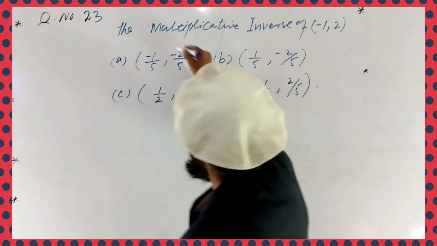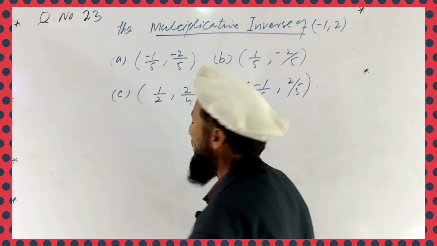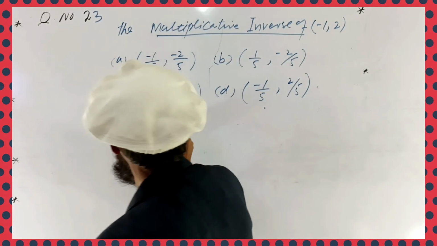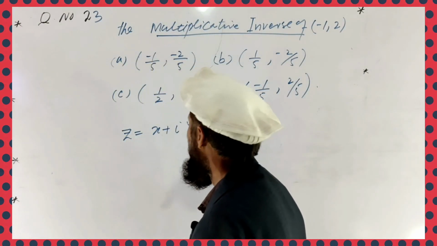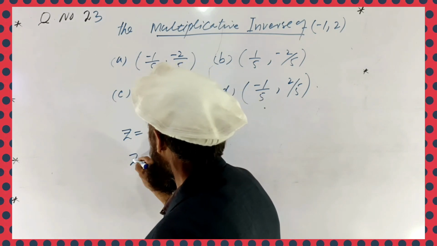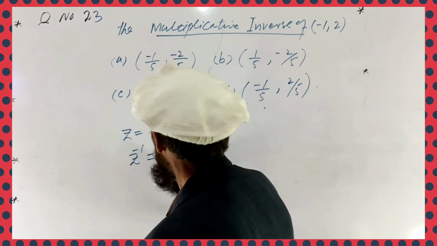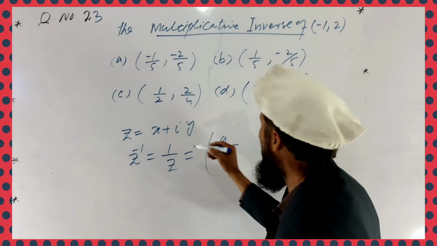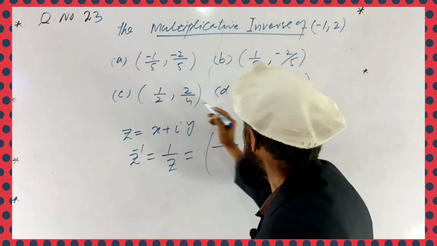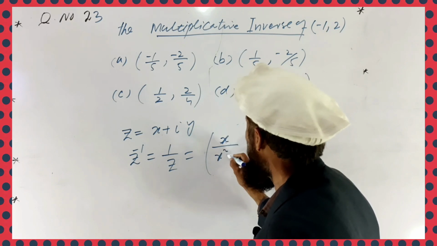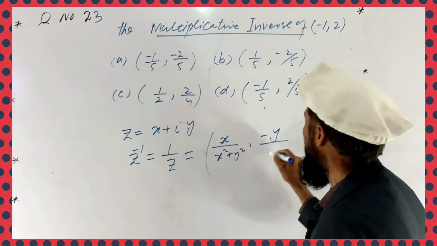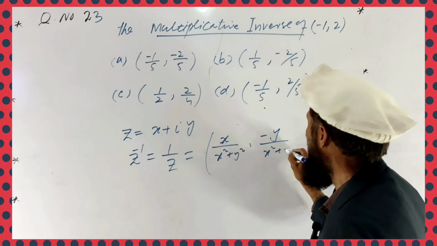According to the multiplicative inverse property of a complex number, z is equal to x plus iota y, and the multiplicative inverse of z is x divided by x square plus y square, minus iota y divided by x square plus y square.